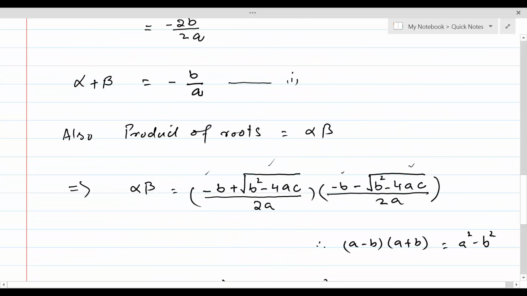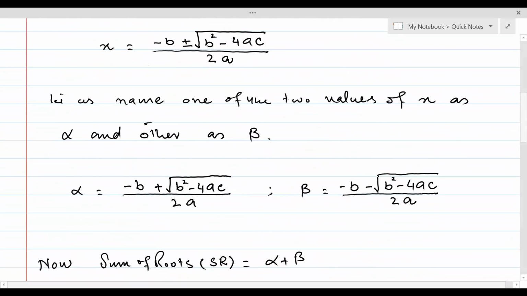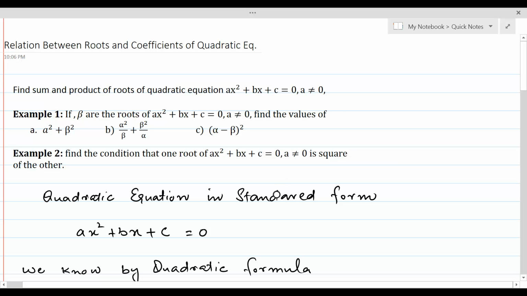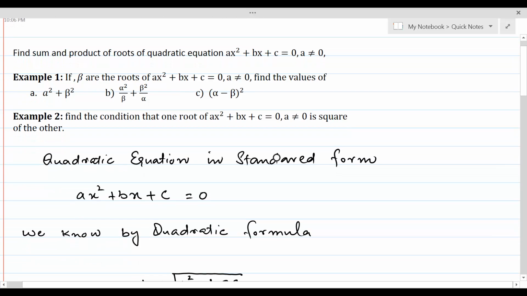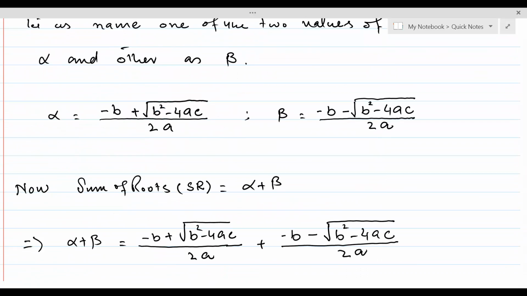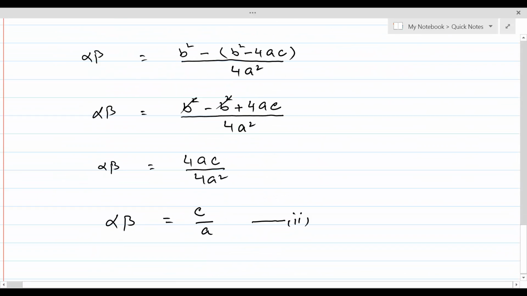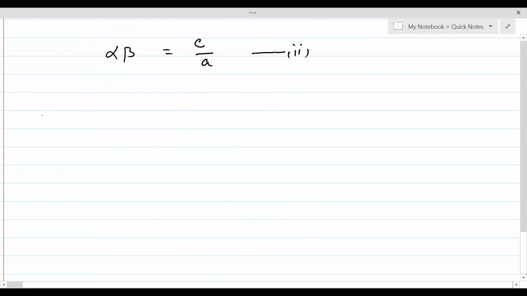Now let's take a look at the question. In the next question, it says if alpha, beta are roots of the equation ax square plus bx plus c equal to 0, find the value of alpha square plus beta square. So let's do question number 1.